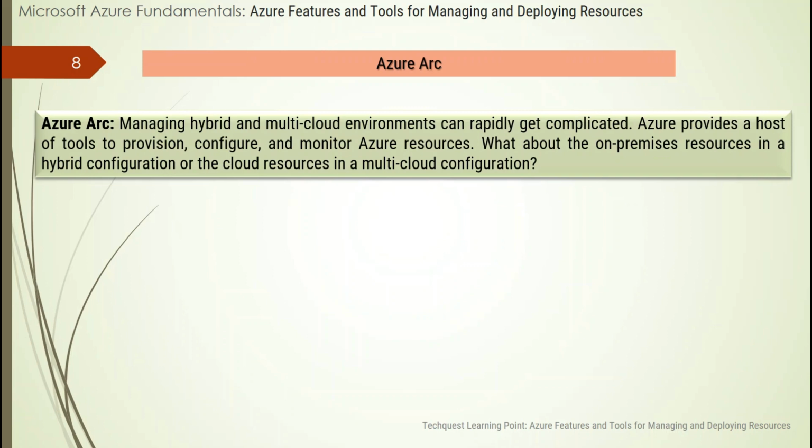Azure Arc provides a centralized, unified way to manage your entire environment together by projecting your existing non-Azure resources into ARM. Manage multi-cloud and hybrid virtual machines, Kubernetes clusters, and databases as if they are running in Azure.